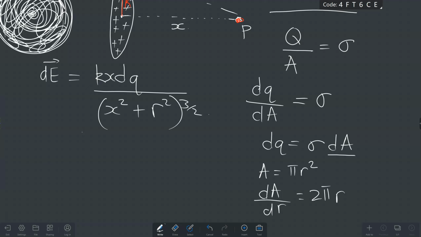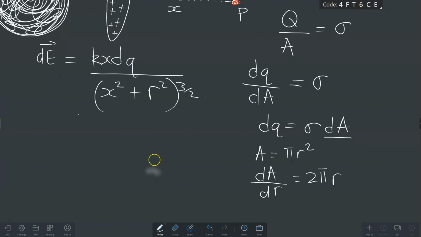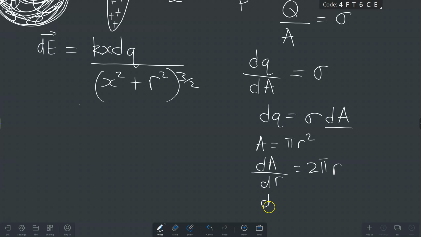That means dA is equal to 2 pi r dr, right? So that means we can say dq is equal to 2 pi sigma r dr, right?